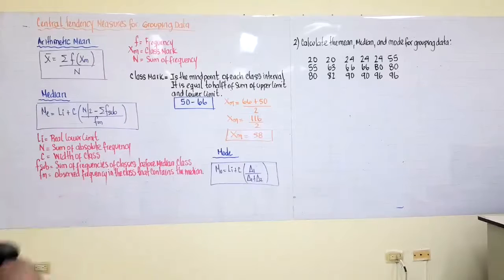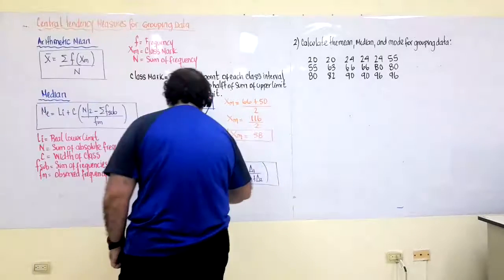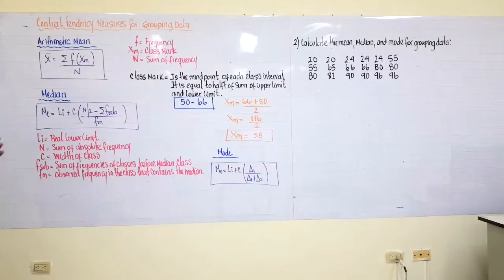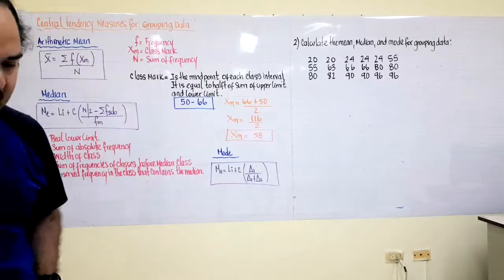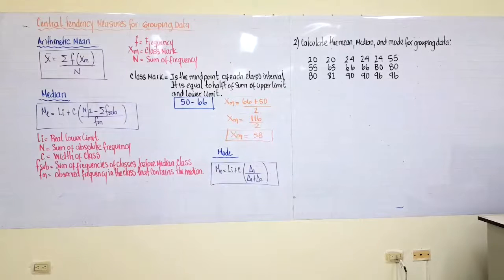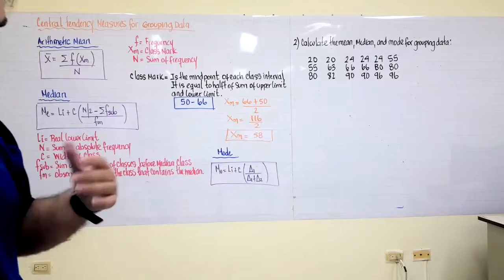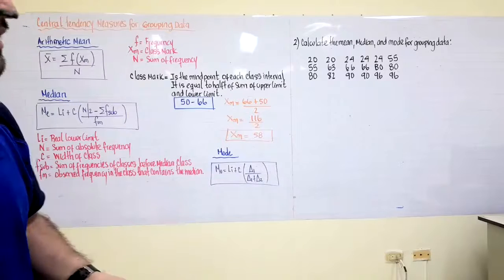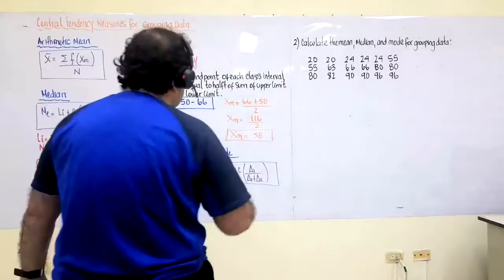In this situation, Li, as you can see, represents the lower limit. C represents obviously the width of the class. Now we have to identify what delta 1 and delta 2 mean.